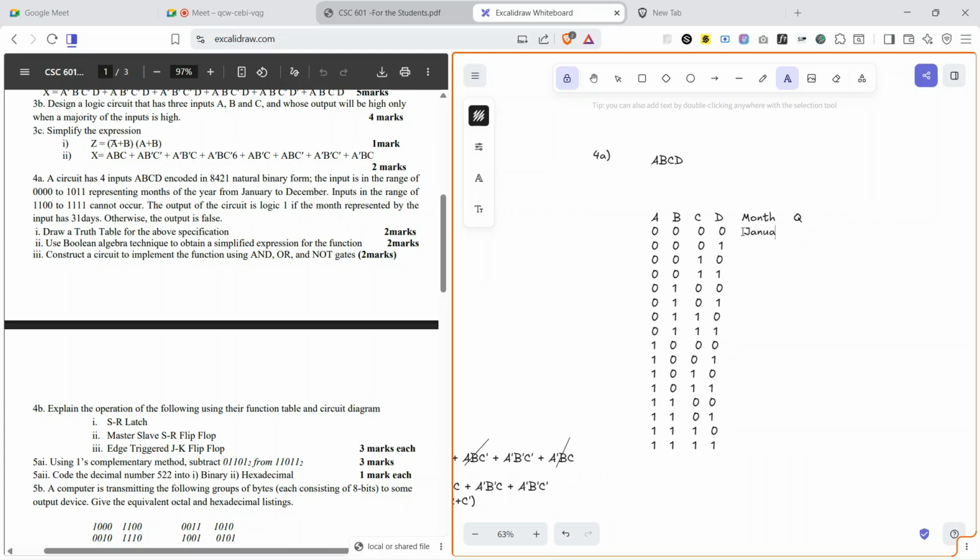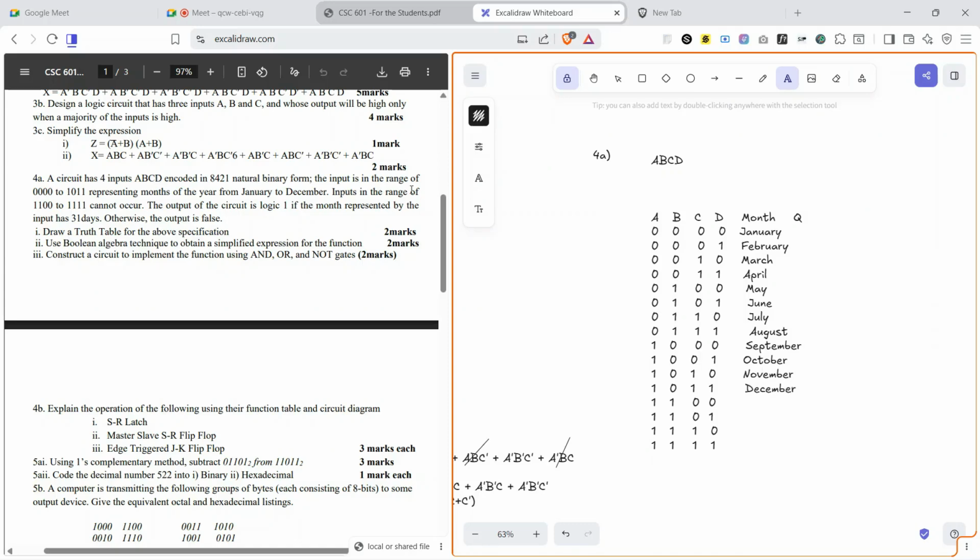So we're told that each one represents the month of the year. So this is January, then February, March, April, May, June, July, August, September, October, November, December.